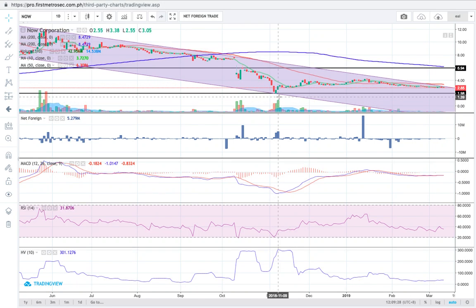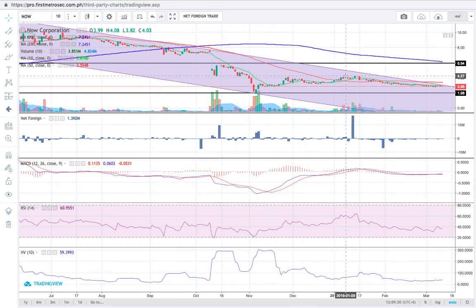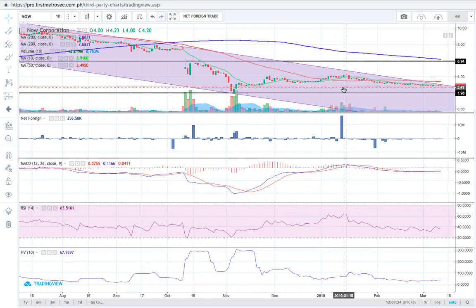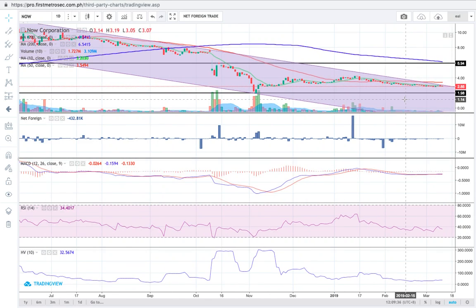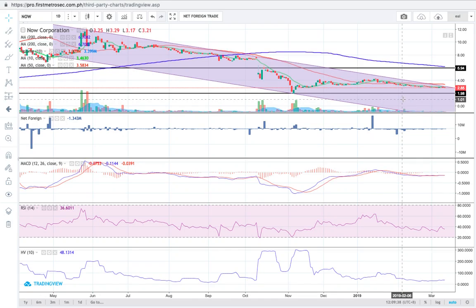It's between 1.98 all the way to somewhere near 4.30. Because of the low volume, traders think that there's no positive catalyst yet on Now for them to be interested in buying the stock at a higher price. That's why the price movement is still sideways.